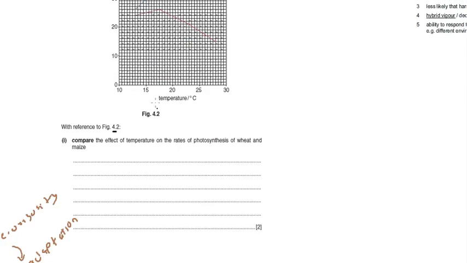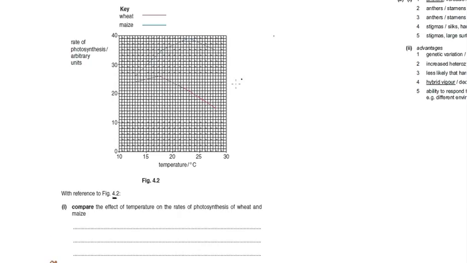The first point you should mention is that the rate of photosynthesis of wheat is always lower than the rate of photosynthesis of maize. So maize is always higher than wheat. That's the first point.